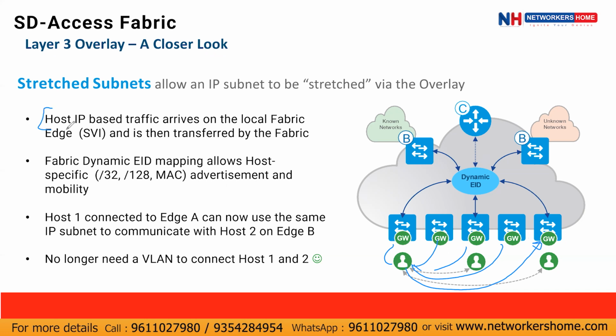Host IP based traffic arrives on the local fabric and is transferred by the fabric, which means that if there is any specific endpoint connected with the same gateway on this edge 1 and the same gateway or the same VLAN SVI, consider this as VLAN 3, and this endpoint is also on VLAN 3, the control plane already has this information. So it will be a direct communication.